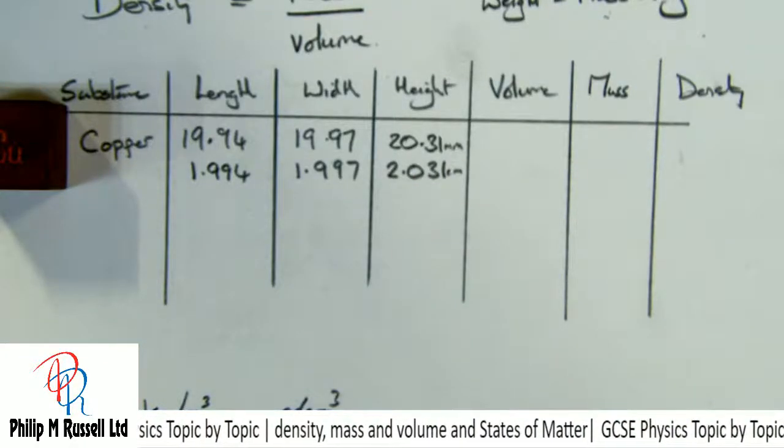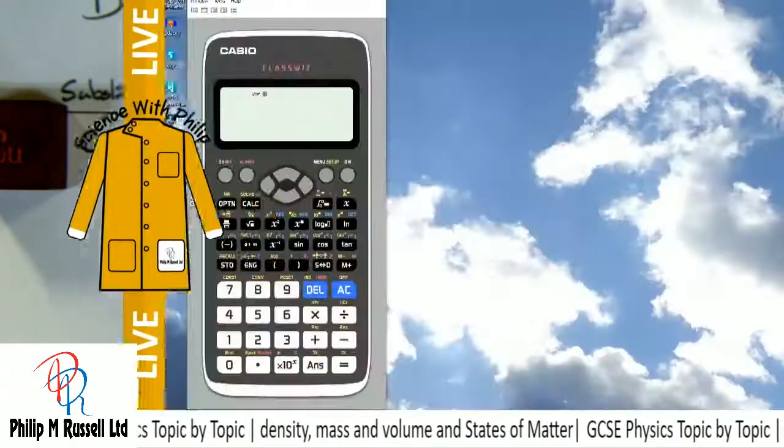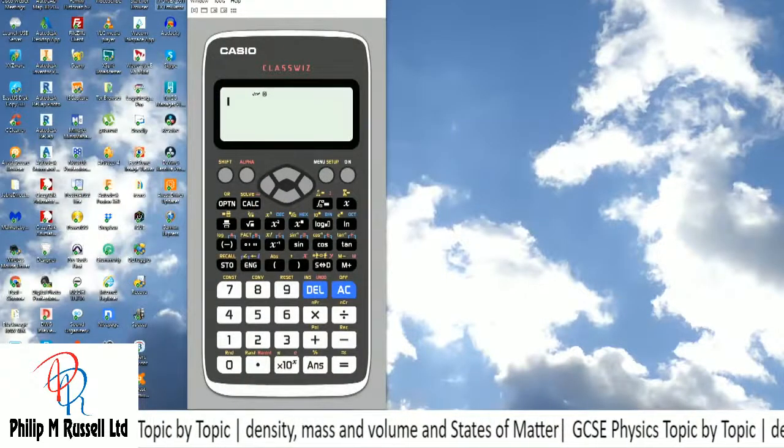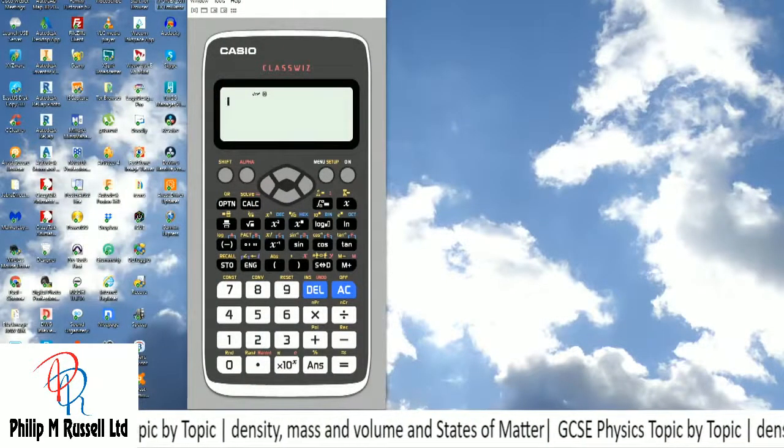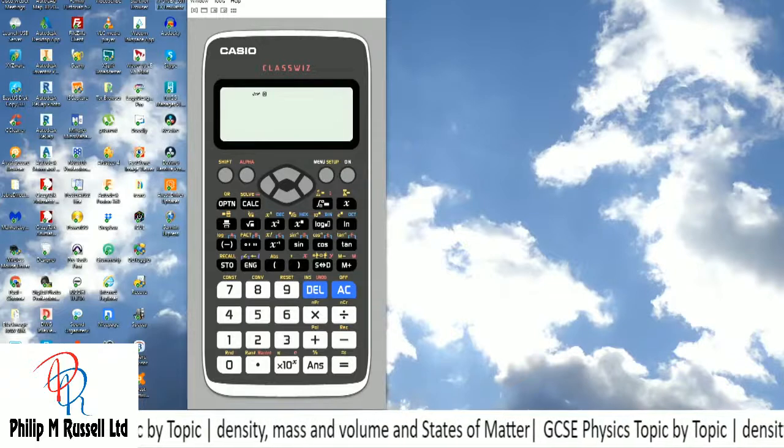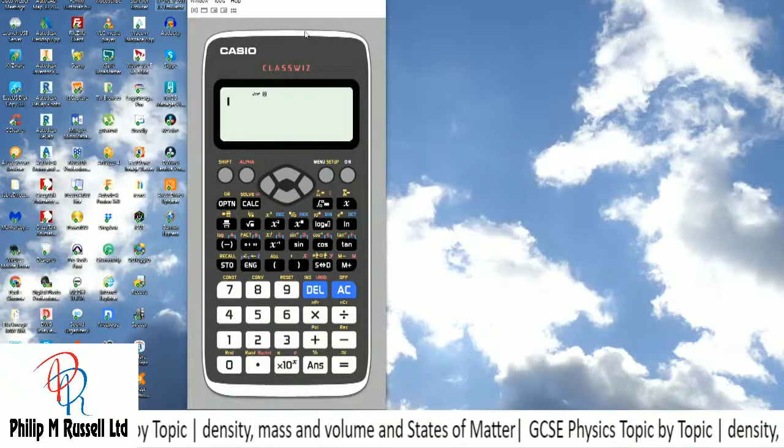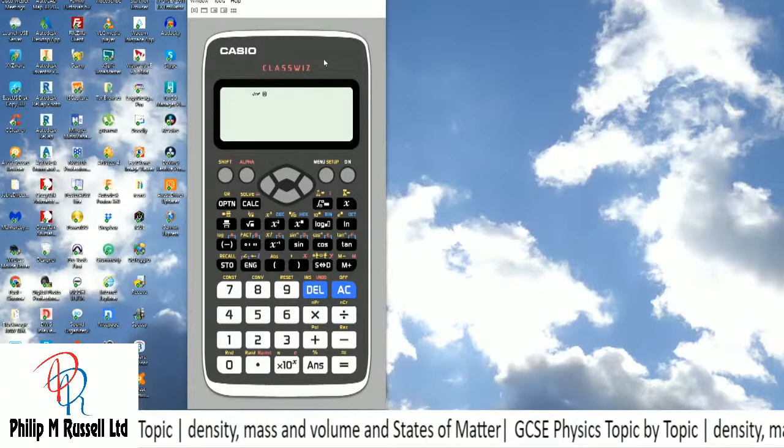So let's call up my calculator and let's see if we can multiply these numbers together to see if we can get something to work.